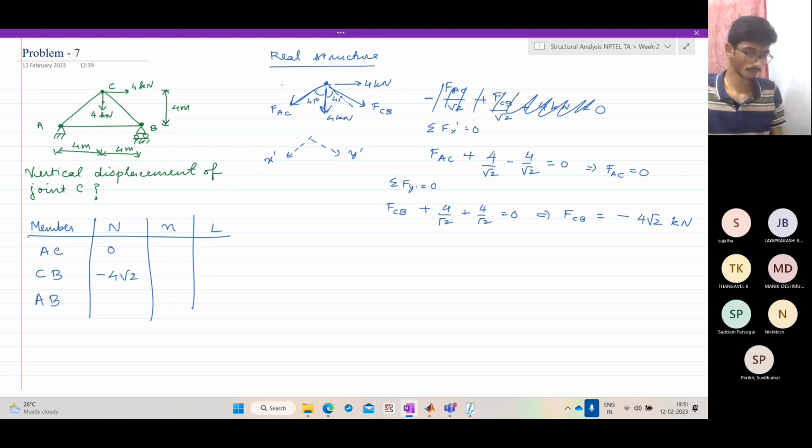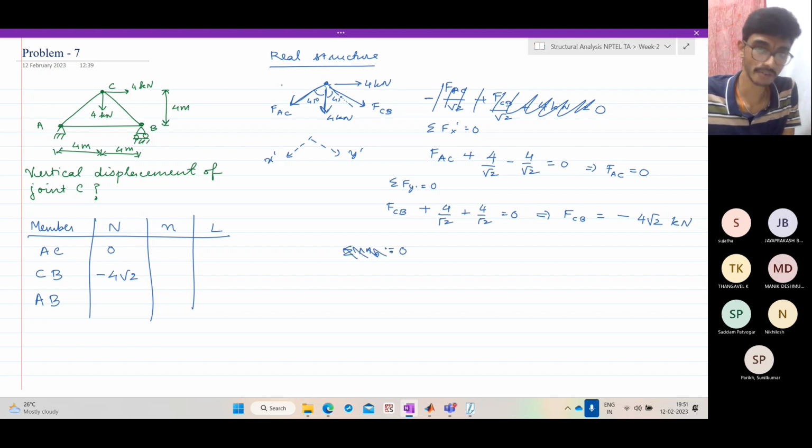So what is the reaction at B? Quickly. Okay, let me tell that. You take moments about the point A. No, actually, that's not required. We don't need the reaction at B because, so you take joint B, you have FCB and FAB. You don't have any other horizontal, you have a reaction coming up, which is BY.